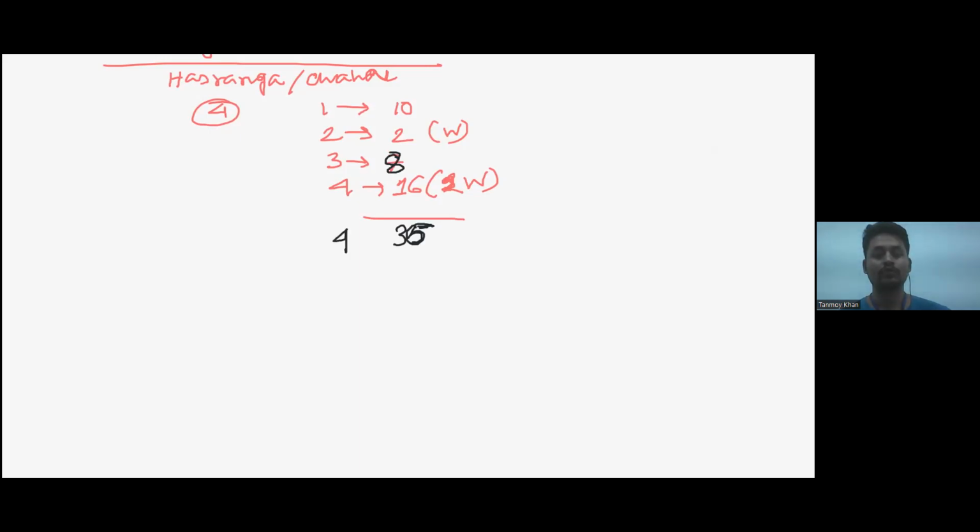That is 4. So what is the average run he conceded? It is 9 per over, right? Per over, 9 runs he conceded.